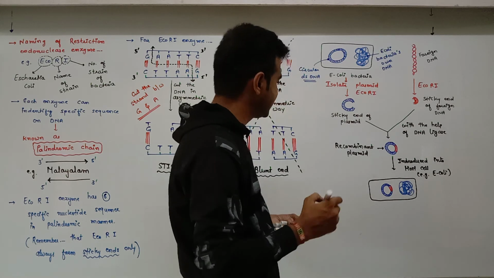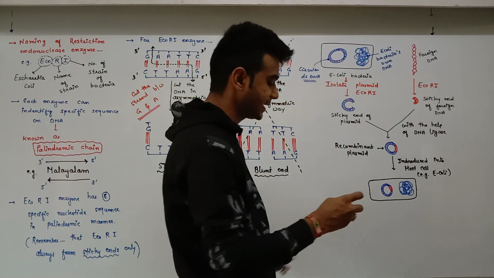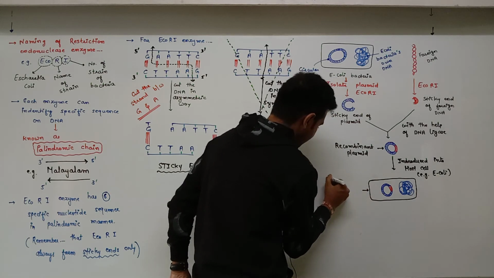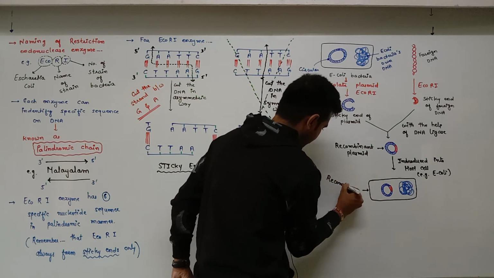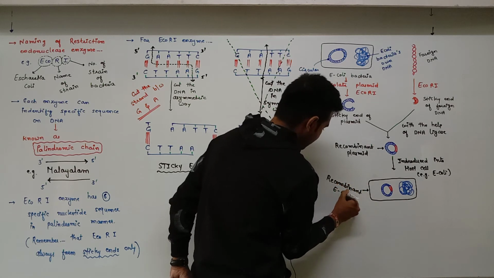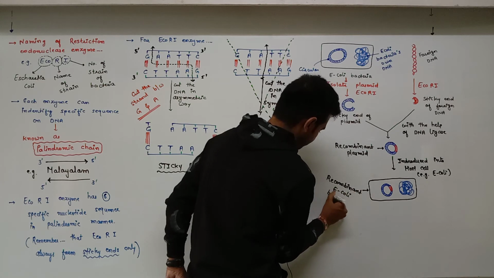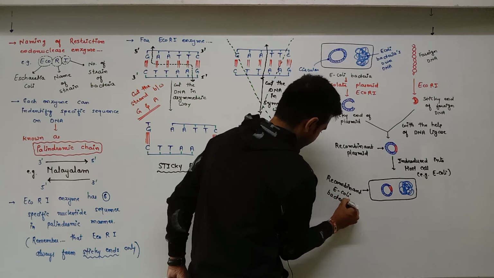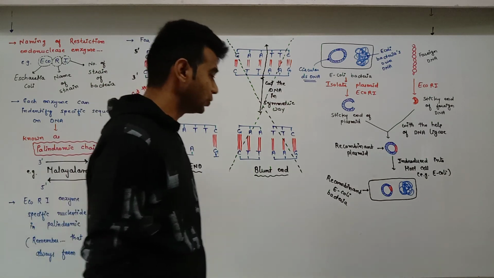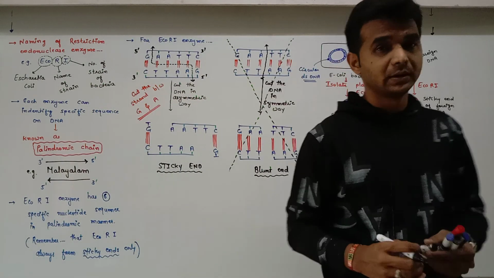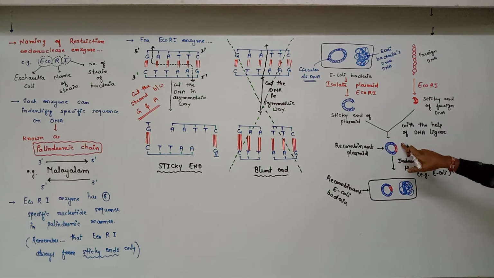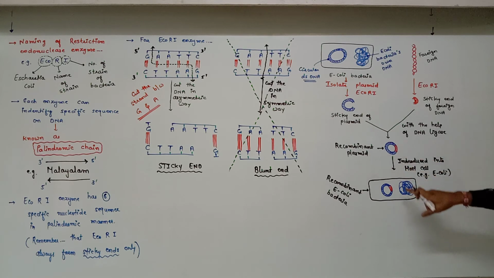Now this is known as genetically modified E. coli bacteria. So we say that this is recombinant E. coli bacteria. Okay. So the recombinant DNA can now be introduced into the host cell.